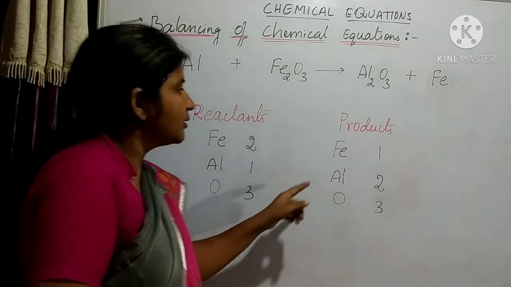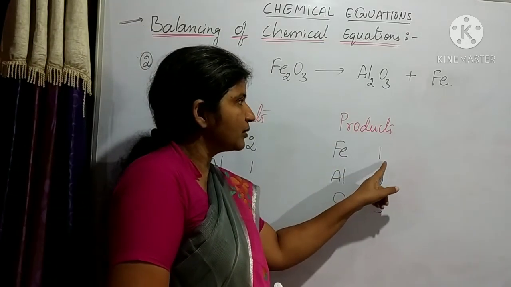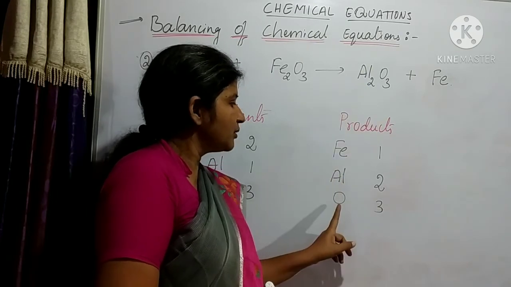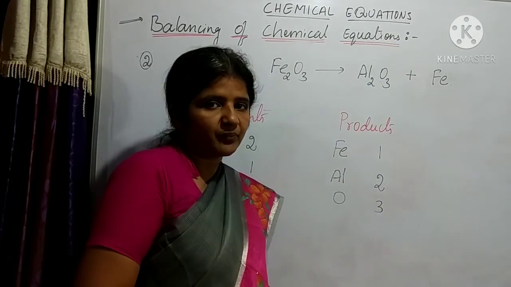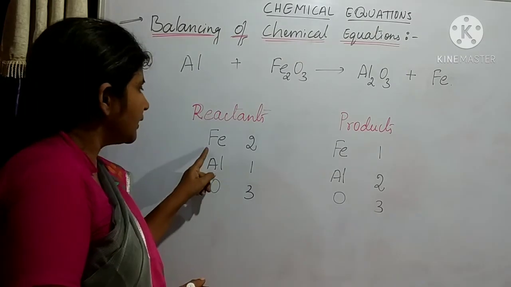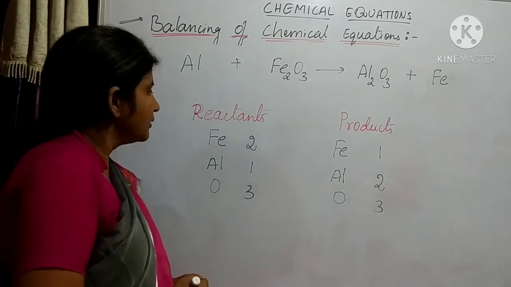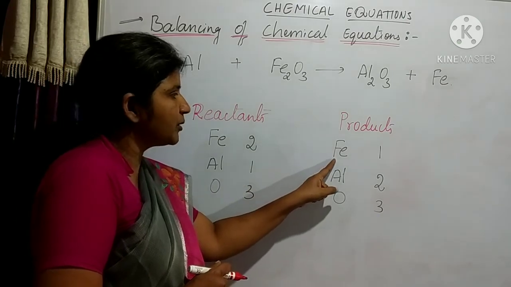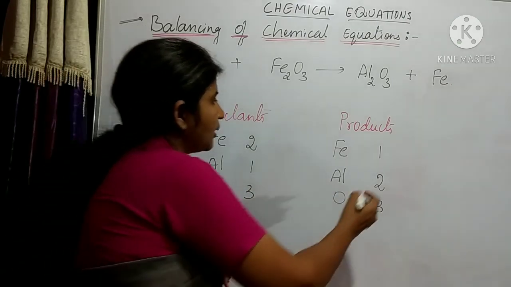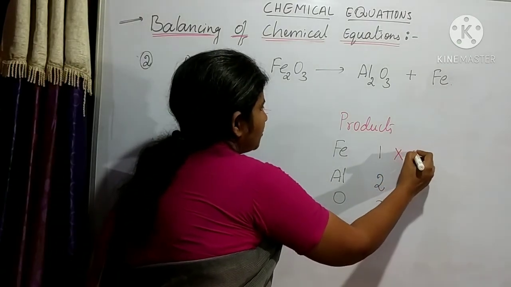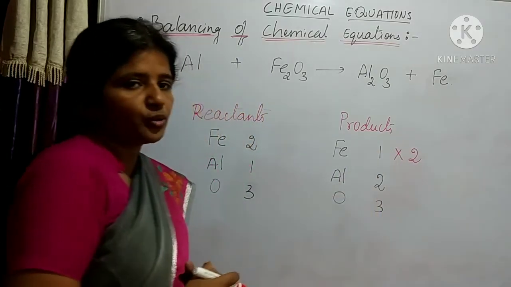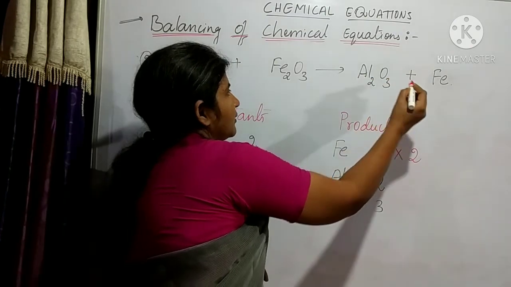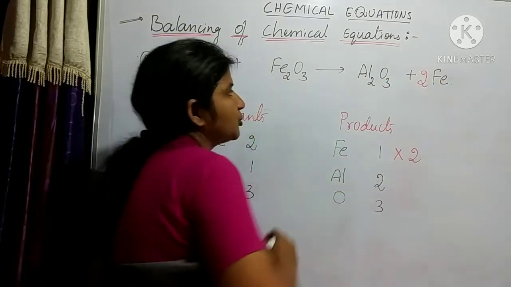On the product side, irons 1, aluminiums 2, oxygens 3. Now balance the iron atoms. On the reactant side 2 are present, but on the product side only 1. So we take a suitable number, 2, and multiply the product side with 2.